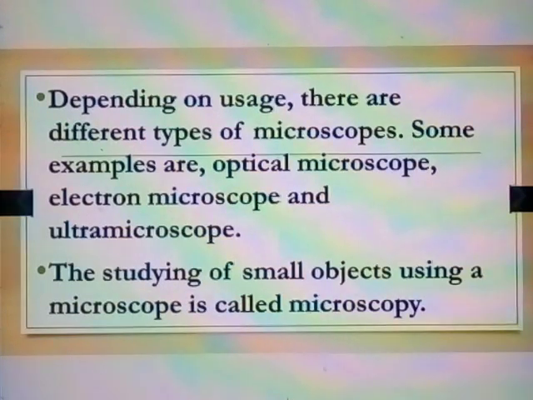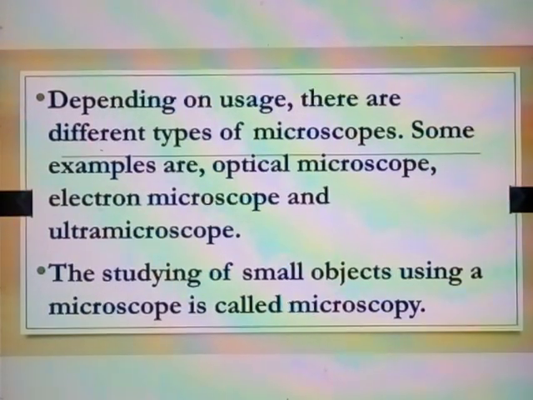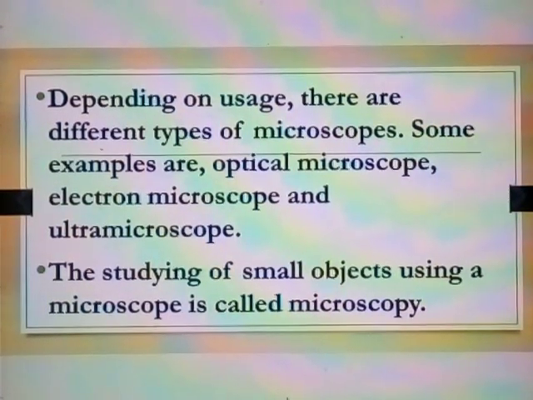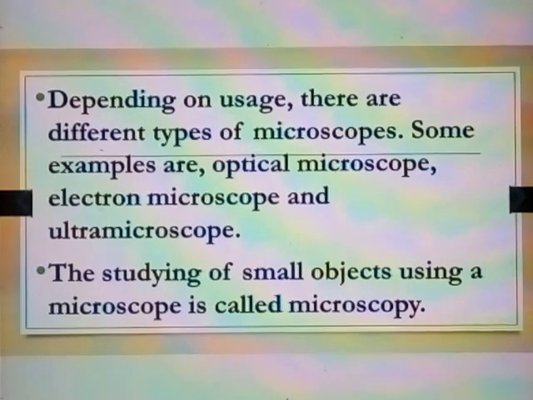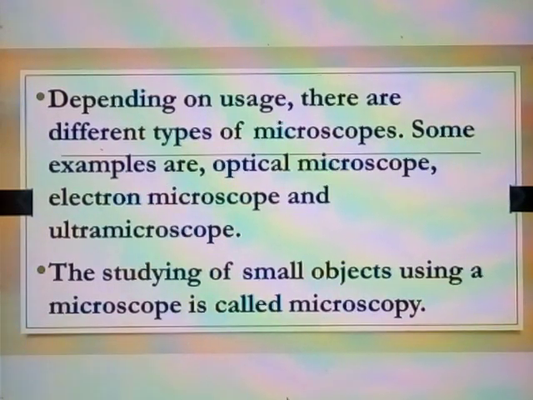Some examples are optical microscope, electron microscope, and ultramicroscope. The study of small objects using a microscope is called microscopy.